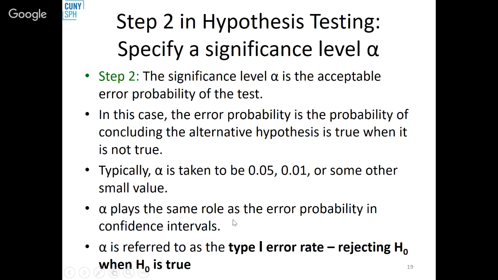So in confidence intervals, it was 1 minus alpha, for like a 95% confidence interval, means you have a 5% probability of being wrong about the correct population mean being in that interval. Here, it's the probability that under a true null hypothesis, you reject it anyway. So this is the type 1 error rate, and it's something that we set in advance of doing our analysis in order to control that type 1 error rate.